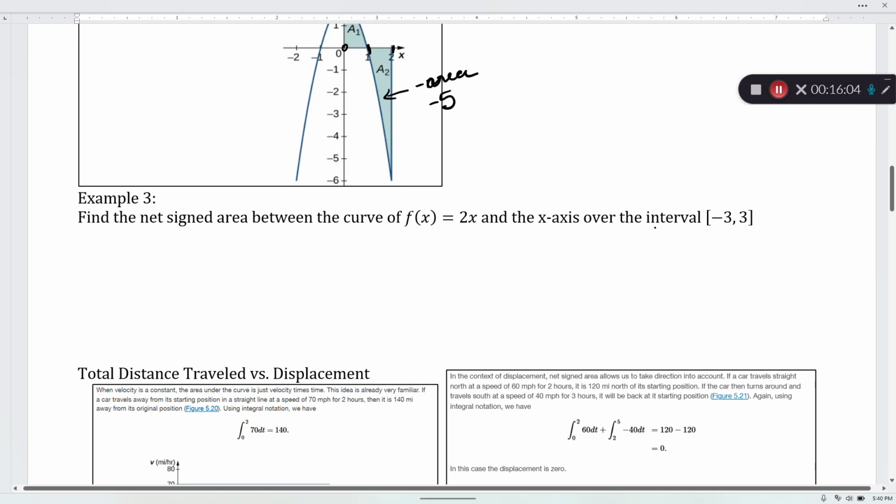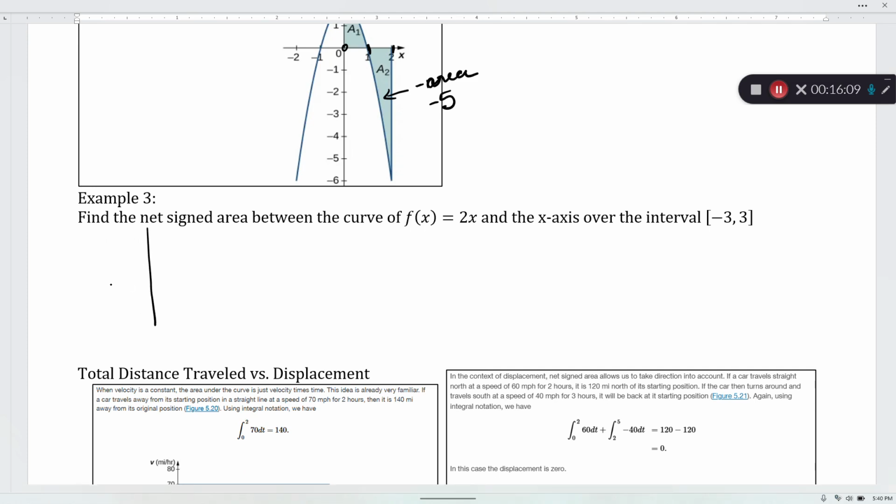Go here, find the net signed area between the curve from -3 to 3. 2x. So when I plug in a 3, I get 6. Plug in a -3, I get -6. Okay. Now, it's always the area between the x-axis and the function.